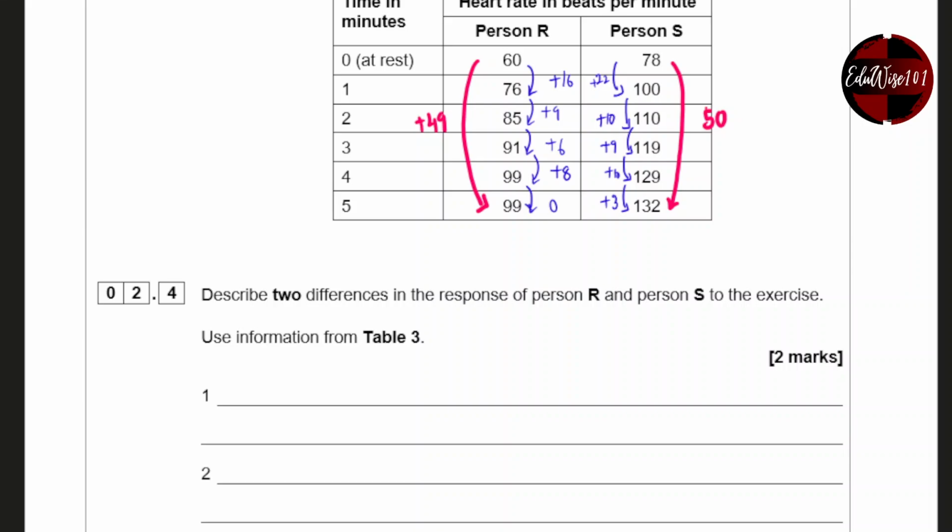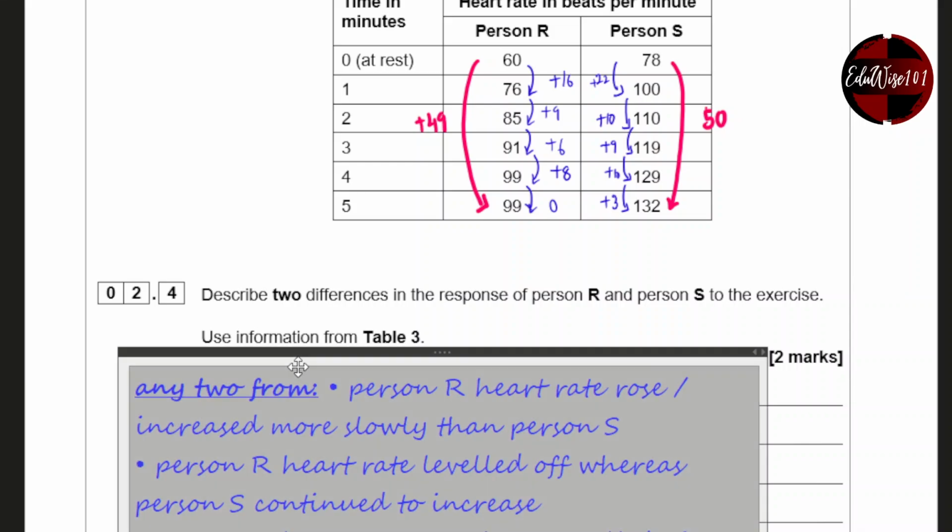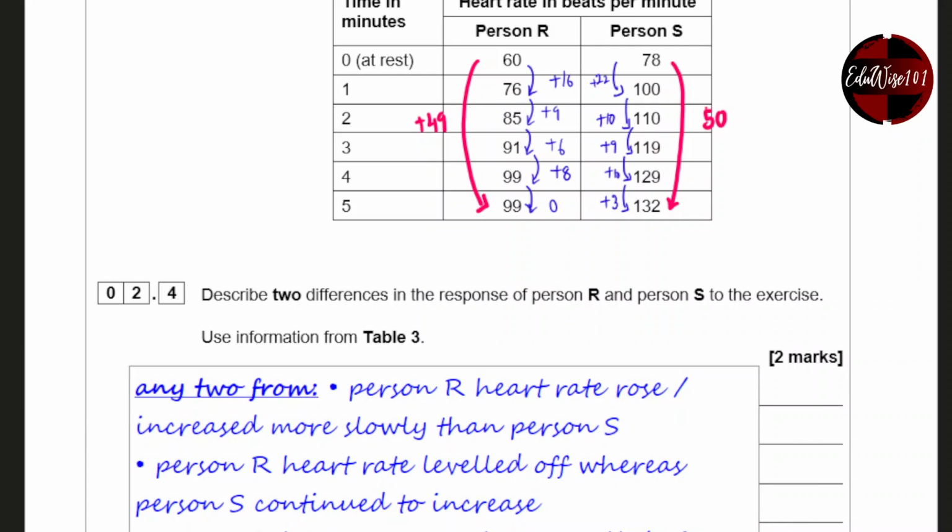So here's a typical answer. Any two of these is going to be correct. Person R's heart rate rose more slowly than person S's. So it increased by 16, 9, 6, and then 8. I got that bit right. Whereas person S went up by 22, then 10, 9, 10, and finally 3.